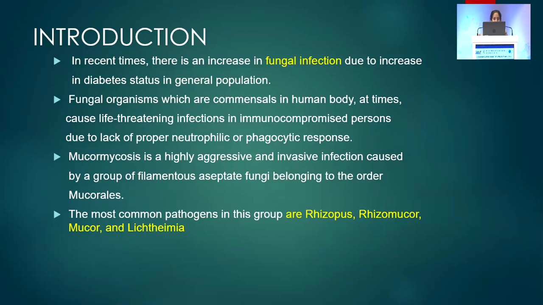There is an increase in fungal infection in the general population, mostly because of uncontrolled diabetes. It is a life-threatening infection, mostly in immunocompromised persons due to lack of neutrophilic and phagocytic response. Mucormycosis is a highly aggressive and invasive infection caused by a group of filamentous fungi. The most common pathogens in this group are Rhizopus, Rhizomucor, Mucor and Lichtheimia.